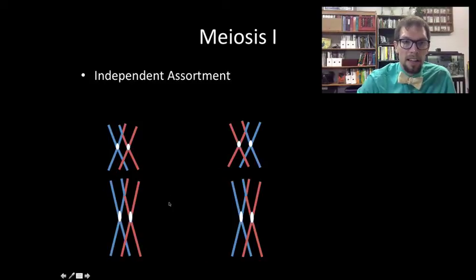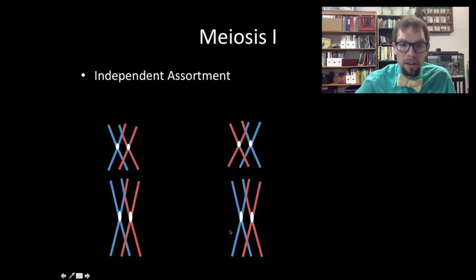Now, the second thing that contributes to this is the independent assortment. So I'm showing two different possibilities here. One possibility is that the blue chromosomes, which I'll be calling the paternal chromosomes, line up on one side of the cell, and the maternal ones, the red ones, line up on the other. So now when these separate, you will have the red chromosomes on one side and the blue chromosomes on the other.